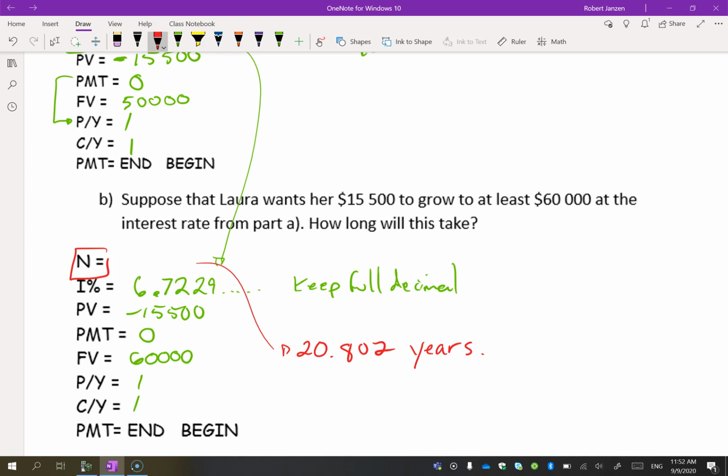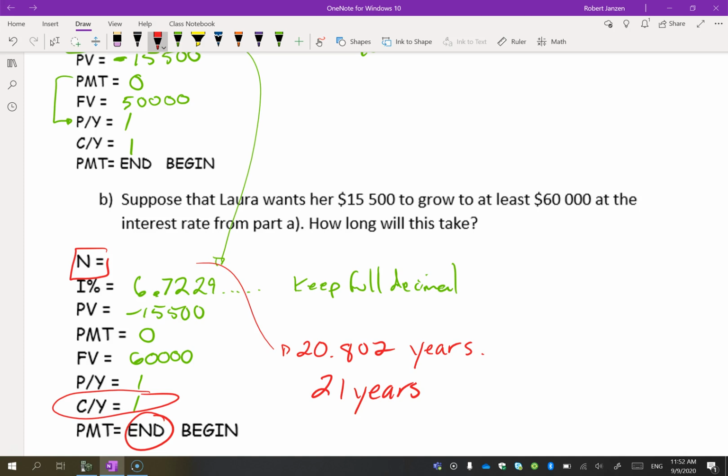But there's a little bit of a problem. The interest is compounded annually, and this always happens at the end of the year. So it won't get to 60,000 until the end of this time. So that means we're actually going to have to say we need 21 years, because 20 years will not give us $60,000 yet.